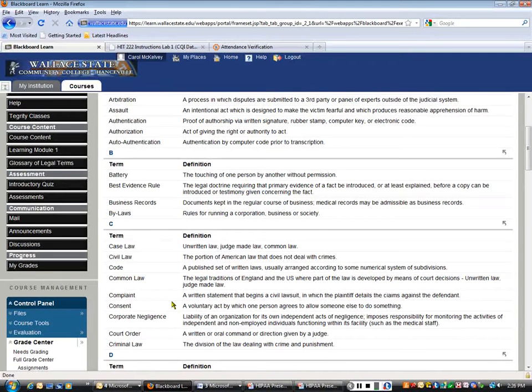So, corporate negligence is when a corporation or company is held liable for the acts of its independent contractors. We're going to talk, and we have already mentioned, respondeat superior, which is when a company or corporation is held responsible for the actions of its employees.